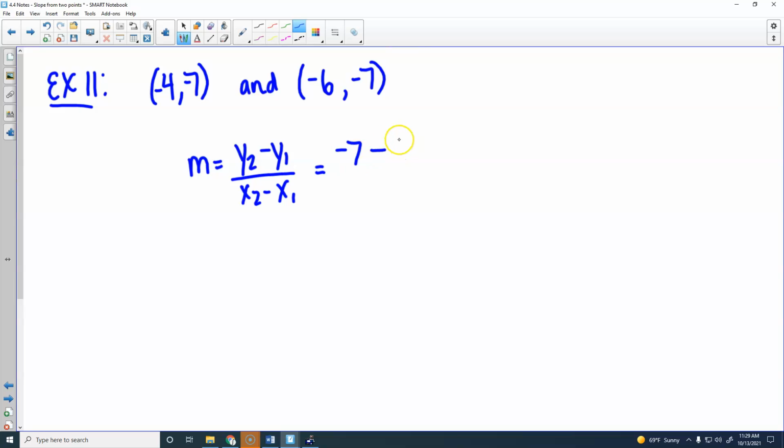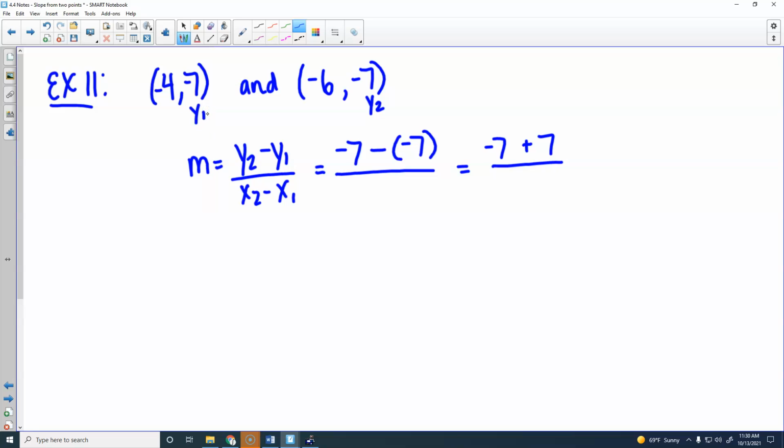So I'm going to write it this way, minus -7, but just like Marley said, that's going to turn into -7 plus 7. If you do that in your head, that's very good. I just want to make sure everybody sees where that's coming from. So it always has to be a minus sign in between, but if you are subtracting a negative, it's going to become a plus sign. So that was our y2 minus y1.